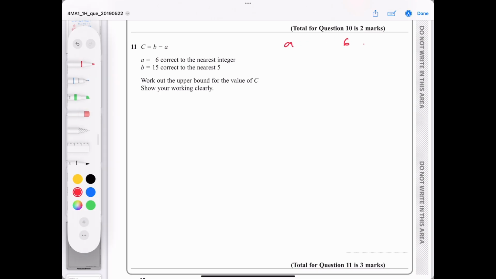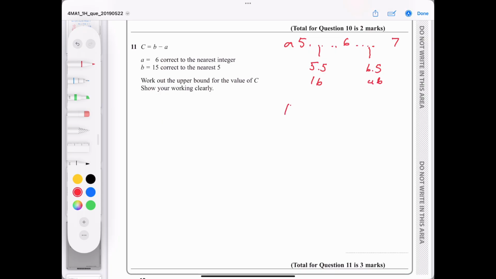What's the next integer up? 7. What's the next integer down? 5. So that means A could be anywhere between, and then we'll halve the point here, 6.5 and 5.5. So our lower bound for A is 5.5 and our upper bound for A is 6.5.